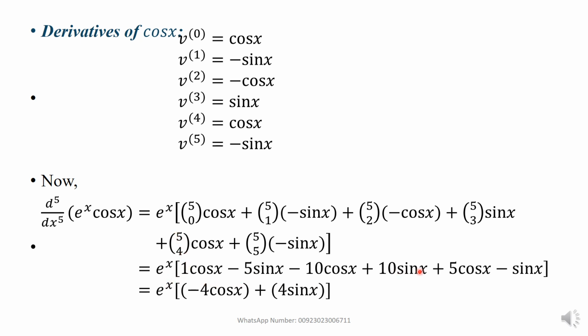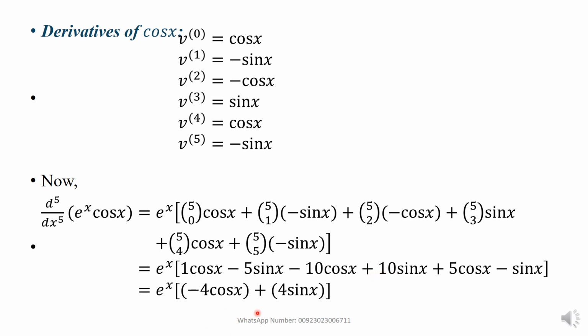Now you can see here cos x, we also see cos x, cos x. It means plus 5 plus 1 plus 6 and minus 10. We get minus 4 cos x. And sin x: you can see here minus 5 minus 1 means minus 6 plus 10 sin x.